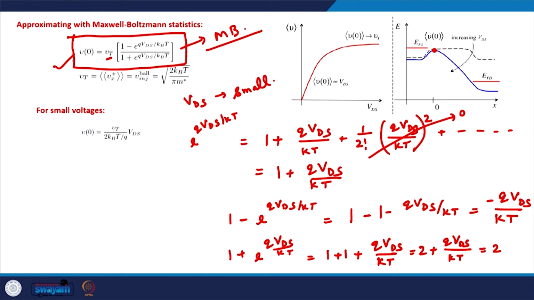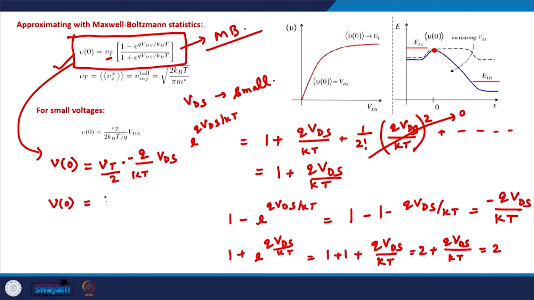So this velocity for small VDS is Vt times, in the numerator, minus q by kT VDS, and in the denominator just a factor of 2. So this velocity is actually Vt times 2 kT by q times minus VDS here.